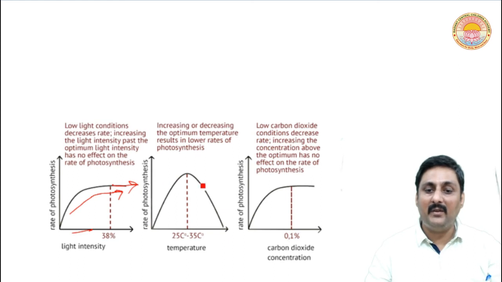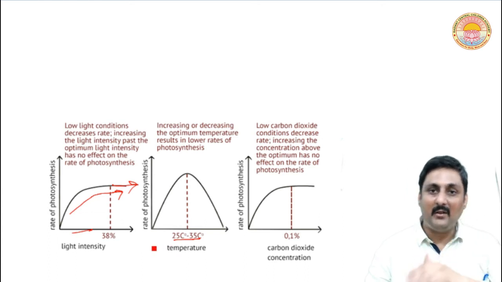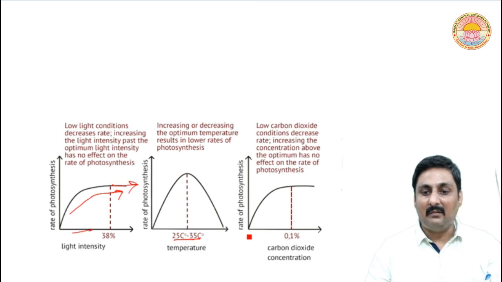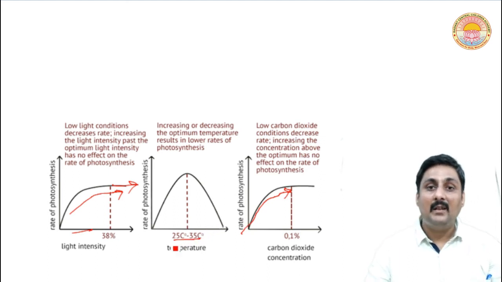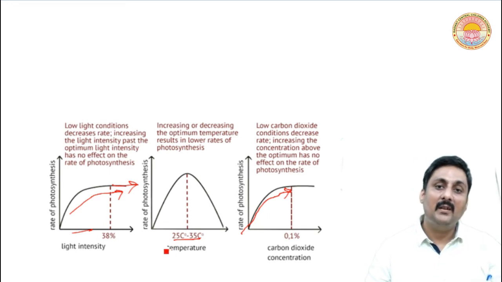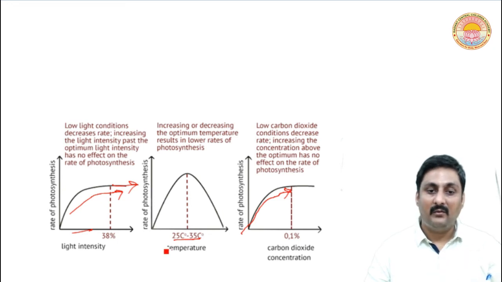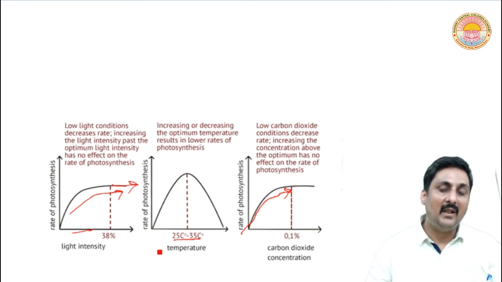Temperature, you can see between 25 to 35 degree, rate of photosynthesis is maximum. Carbon dioxide concentration also, you increase the carbon dioxide concentration, rate of photosynthesis will also increase, especially in case of C3 plants. But after some time, rate of photosynthesis will become constant. So all these three things become constant after a certain time, may become limiting after a certain time.